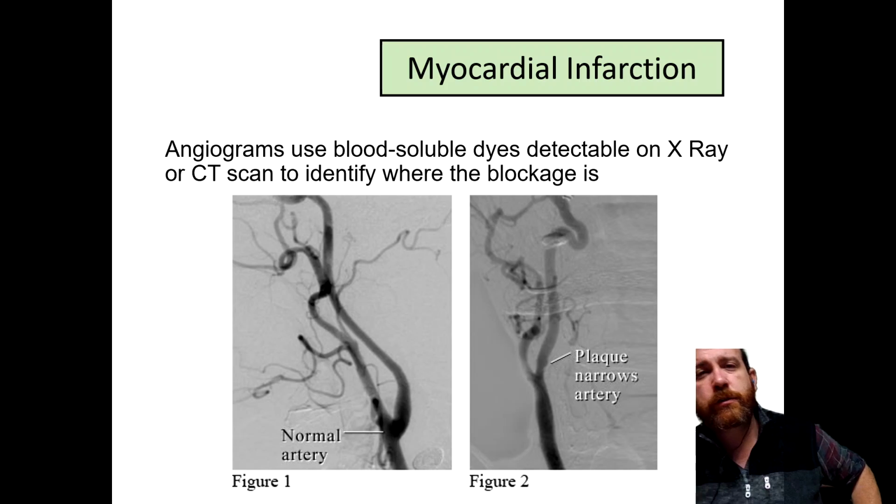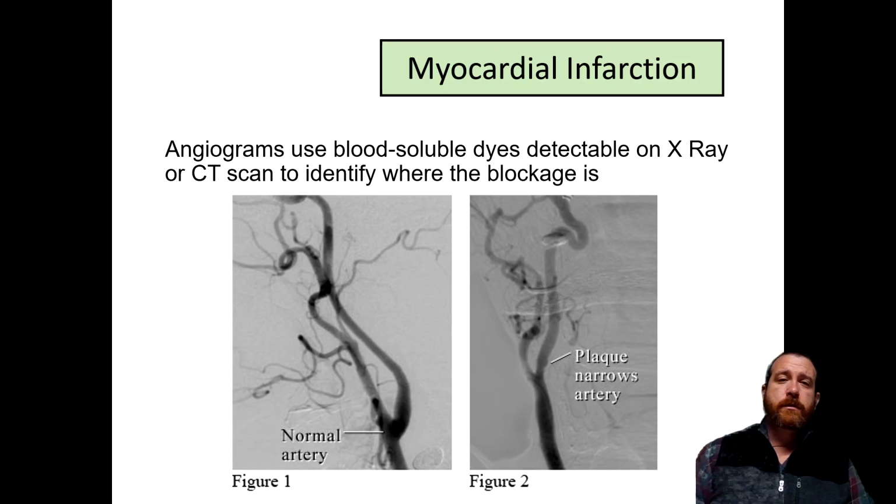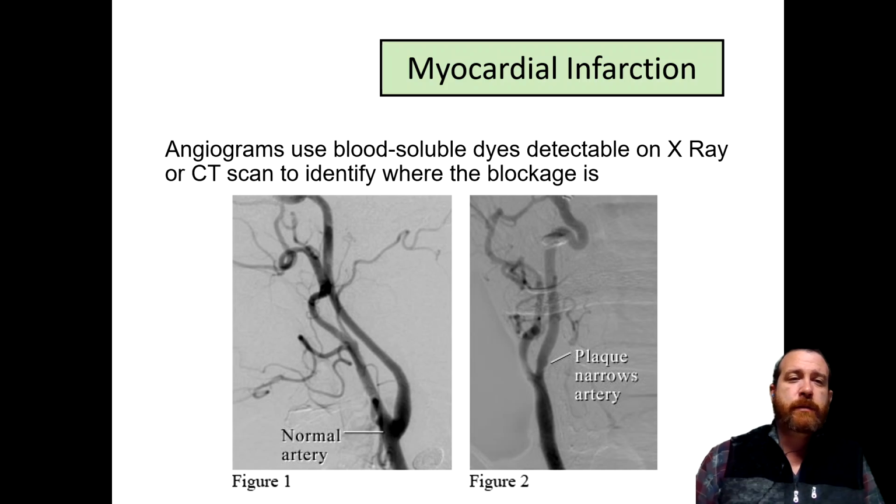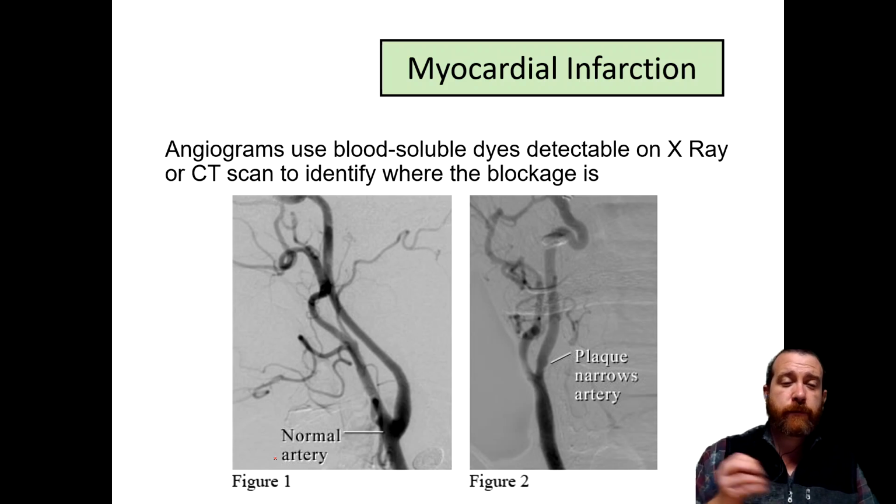When we're doing an angiogram, we're going to insert these dyes inside the bloodstream that will get picked up on x-ray and that are very distinct from any other tissues around the body, so we can very clearly see where that blood is flowing to within even relatively small arteries.